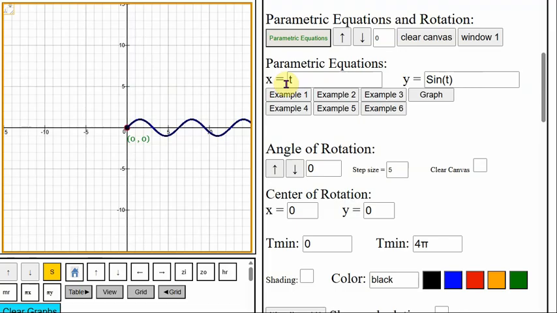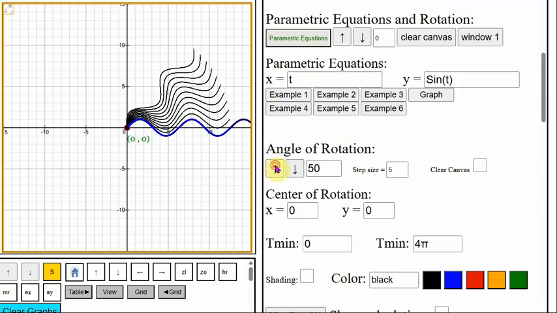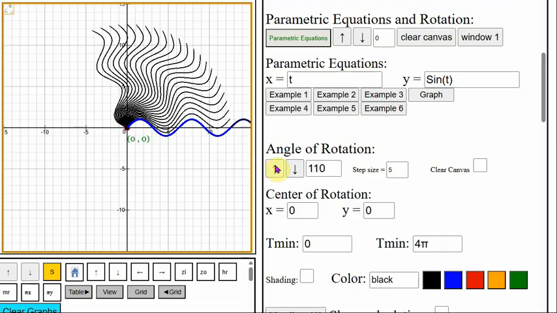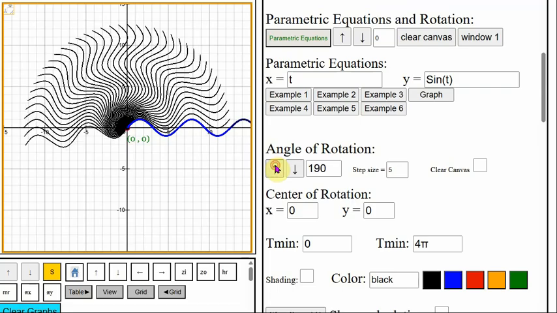And here I have a set of parametric equations with x equal to t and y equal to sine of t. And this is what the graph would look like. And then if we rotate it around the origin, then this is what the image would look like.